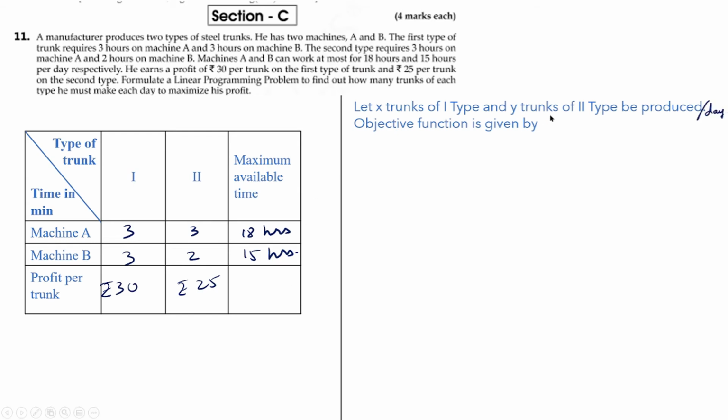So the objective function is given by: maximize Z is equal to 30X plus 25Y, subject to the constraints.